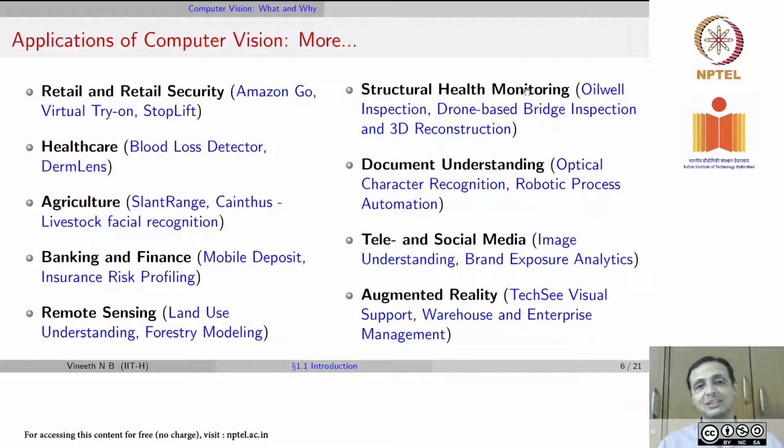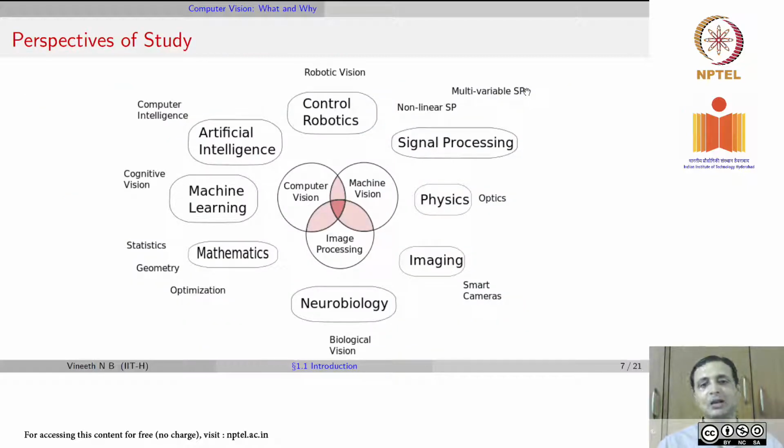In case any of these terms are not clear, please do click on these links, and each of those links will take you to a video or a description of what that application is and how computer vision is used in that setting. Please do it to help you understand the various applications that computer vision has.